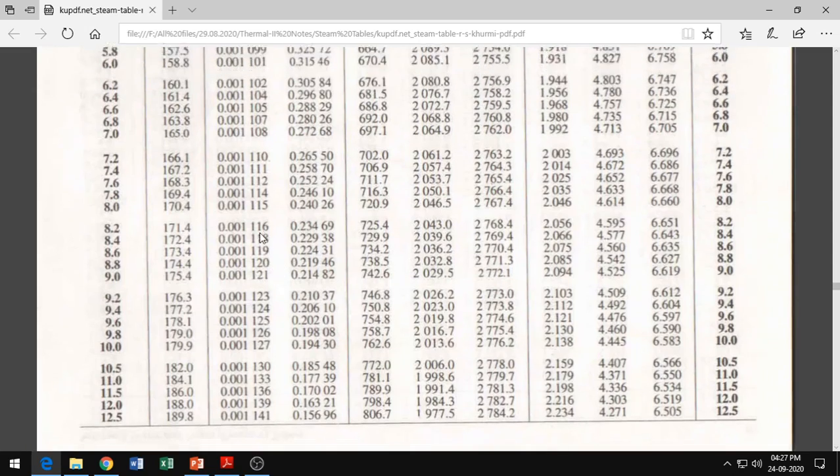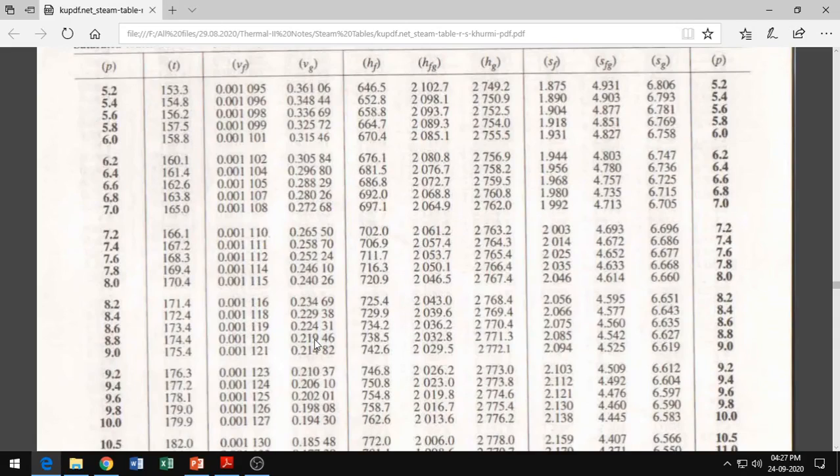Here, in the first columns there are VF and VG. This is HF, the enthalpy of water, 2032.8. The HFG is the enthalpy of evaporation, and 2771.3 is the enthalpy of dry steam.